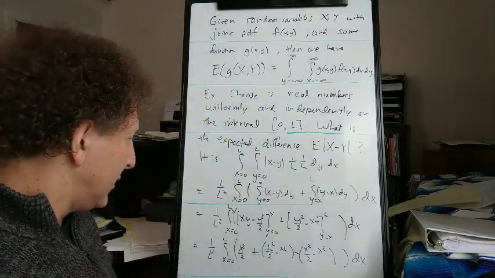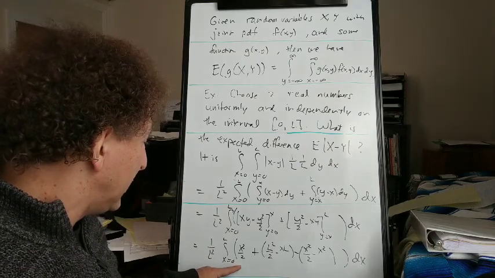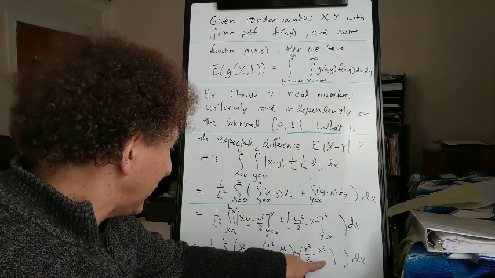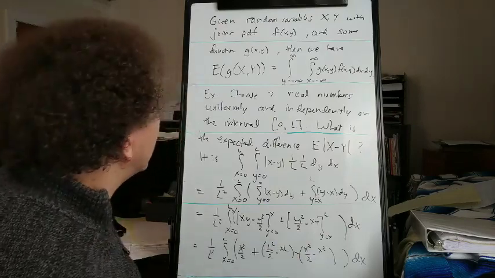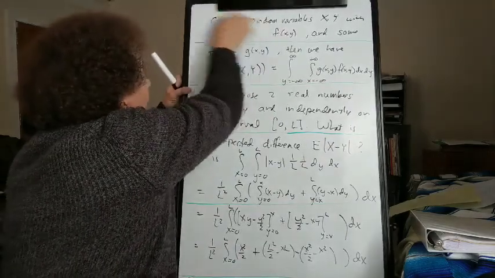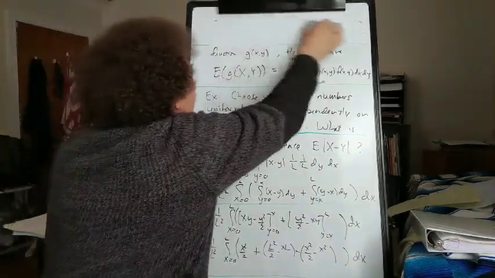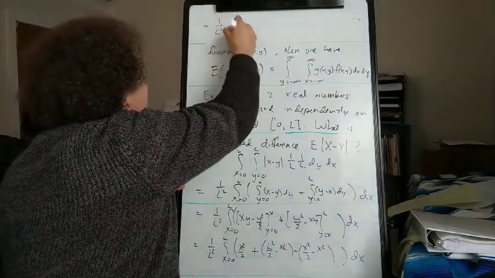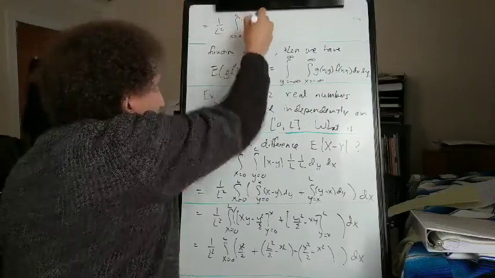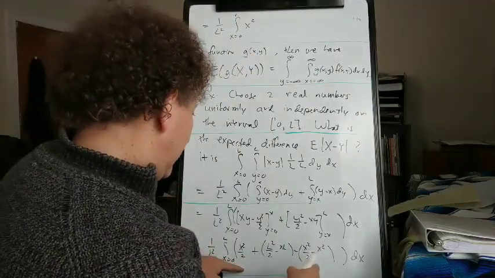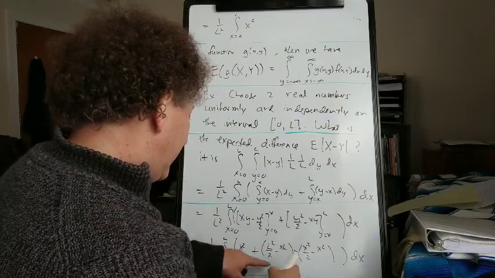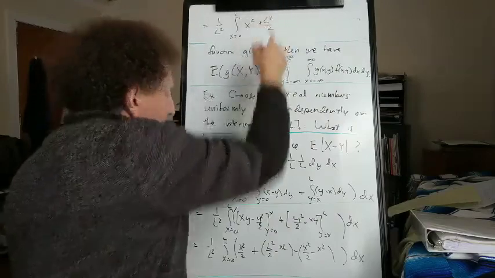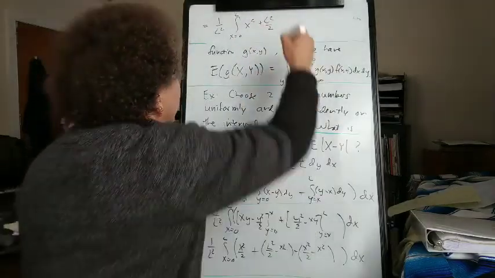Alright, so what do we have in here? X squared over 2 minus x squared over 2 cancels. And we're left with a positive x squared. And then plus L squared over 2 and minus xL.